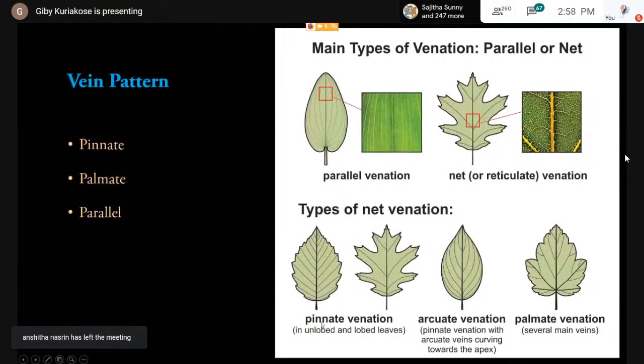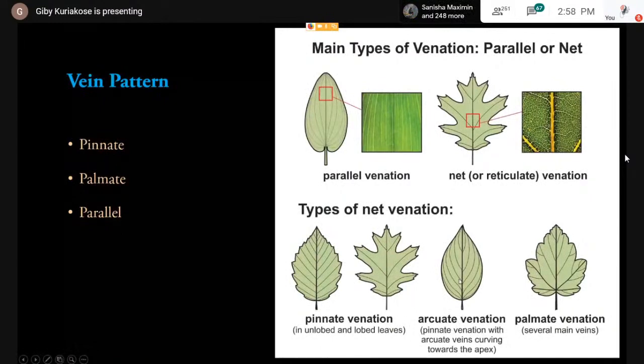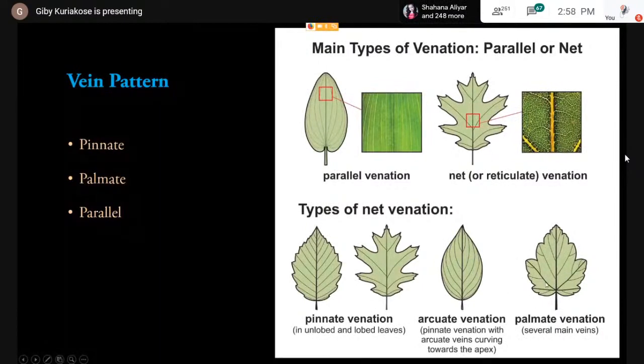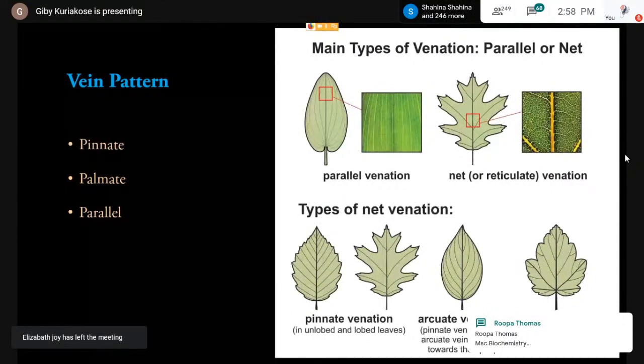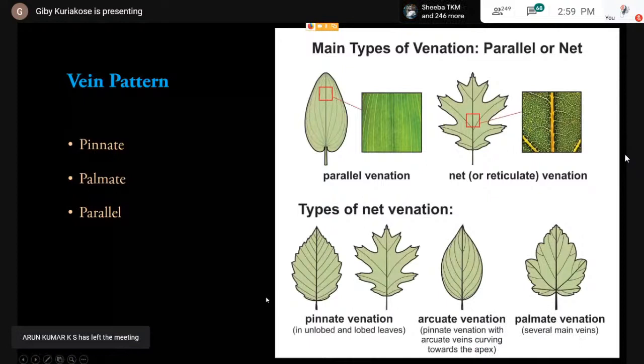But pinnate venation is where the primary veins are arranged pinnately like this. Then acrodromous venation, this is a very different venation. Then palmately veined, at least at the base. If you can see the primary veins arising as if it is a palmate leaf, then you can call this palmate venation.